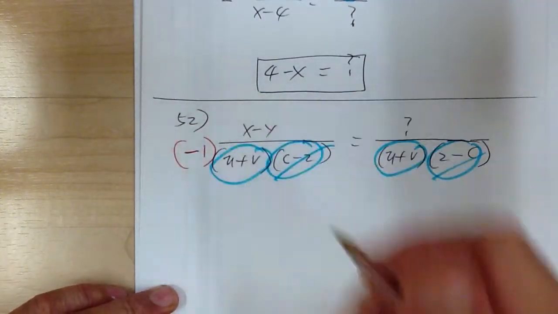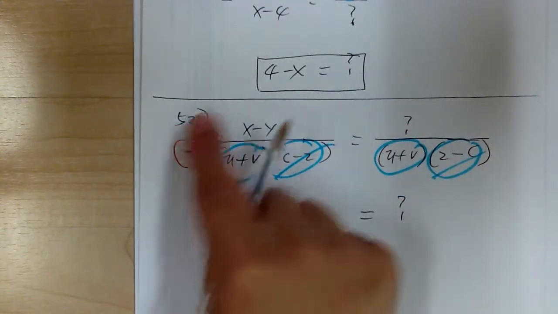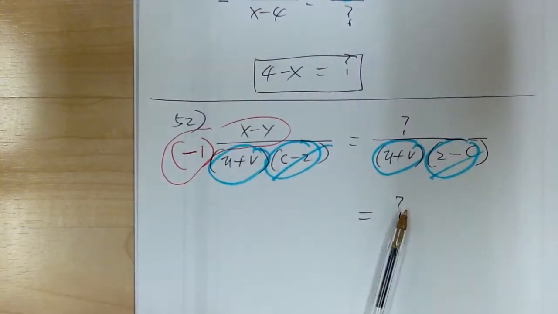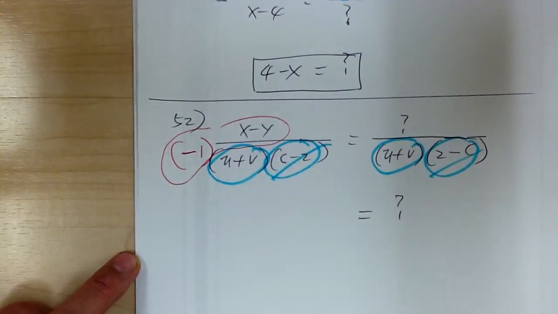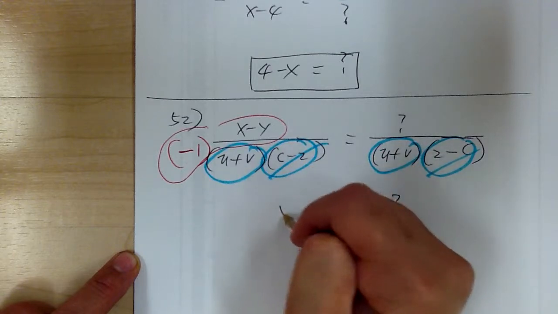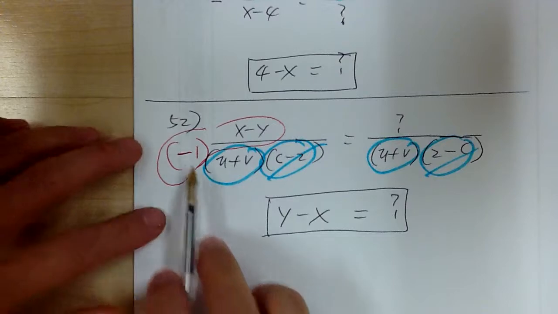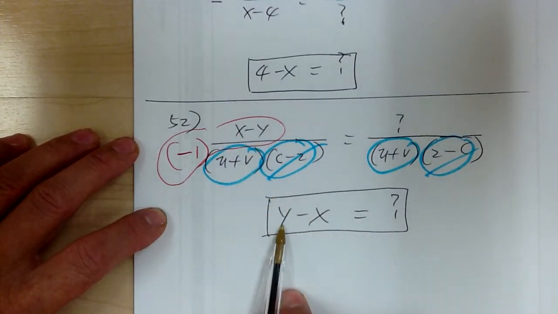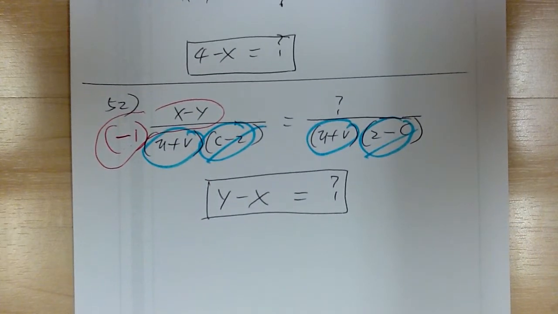Your question mark is going to equal this part right over here. Again, remember, negative is used to switch the subtraction, so you're going to end up with y minus x. And if you don't say that, you can multiply: negative 1 times x gives you negative x, and negative 1 times negative y gives you positive y. So again, in this section just go and match, and the question mark will equal whatever is left over.